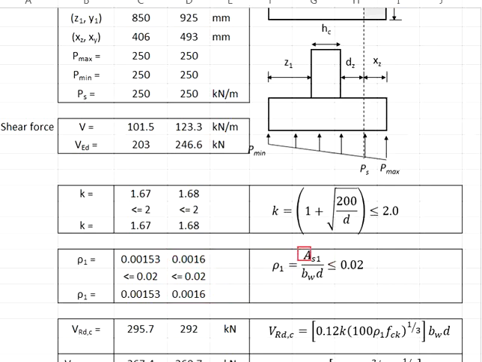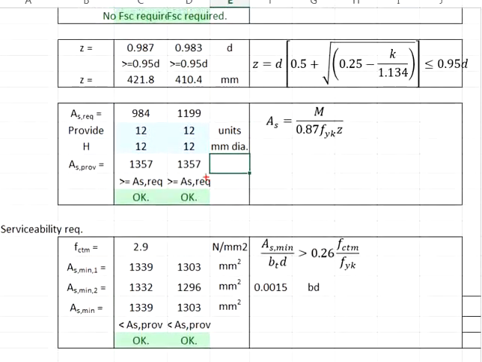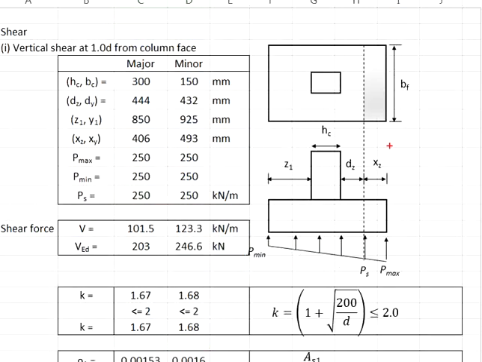This time, your As will be the reinforcement bar arranged in these directions, where the reinforcement bar in the minor axis will be the same as the bar in the major axis. Use this as provided, divided by the effective area in this plane.